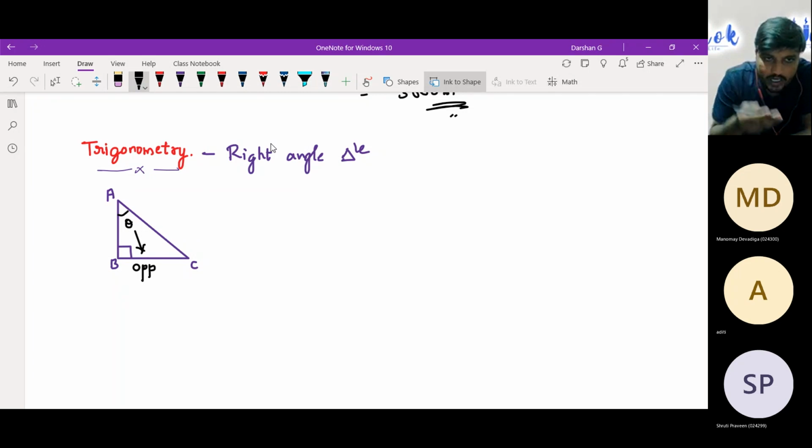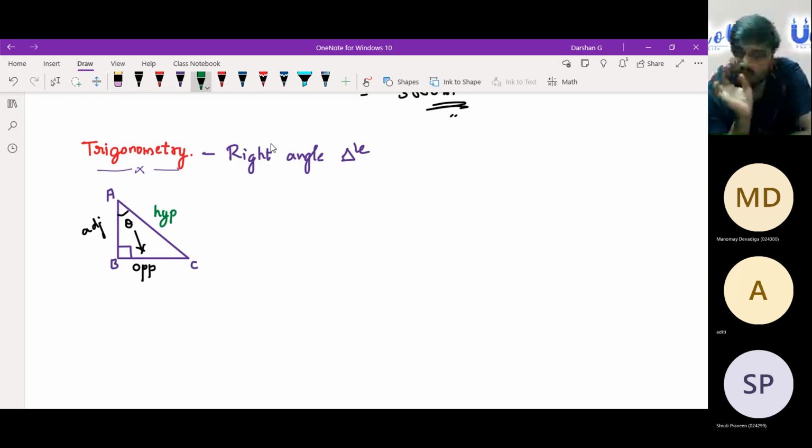The side which is holding this theta is called the adjacent side. And the side which is opposite to this 90 degrees is called the hypotenuse. This is important. It's a right angle triangle, and we have theta, adjacent, opposite, hypotenuse. That is understood, so this is where we start.